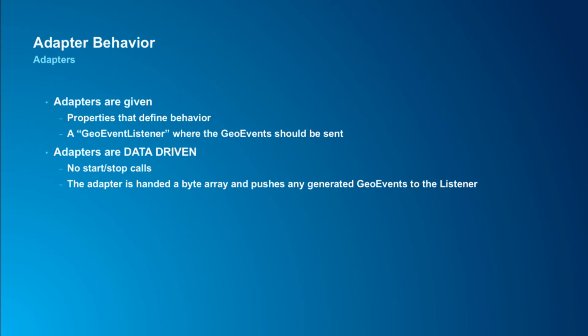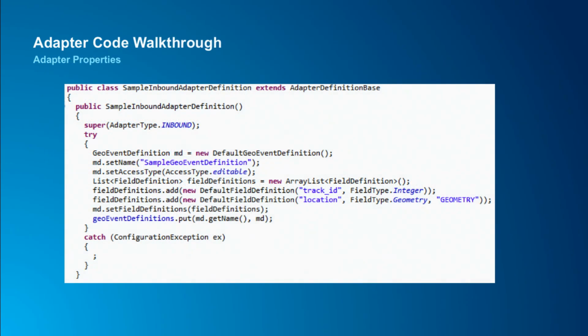It has properties like transport and has a listener which it can send results to. But instead of listening for bytes, the listener listens for GeoEvents, because an inbound adapter converts bytes to GeoEvents. Another significant difference is that the adapter is data-driven. It doesn't get started or stopped by the server. Whenever data is sent to the adapter, it uses its special knowledge about the data to convert the data to GeoEvents.